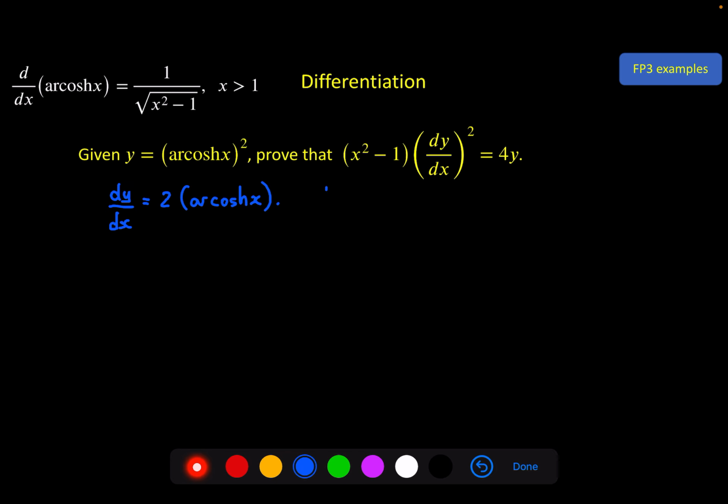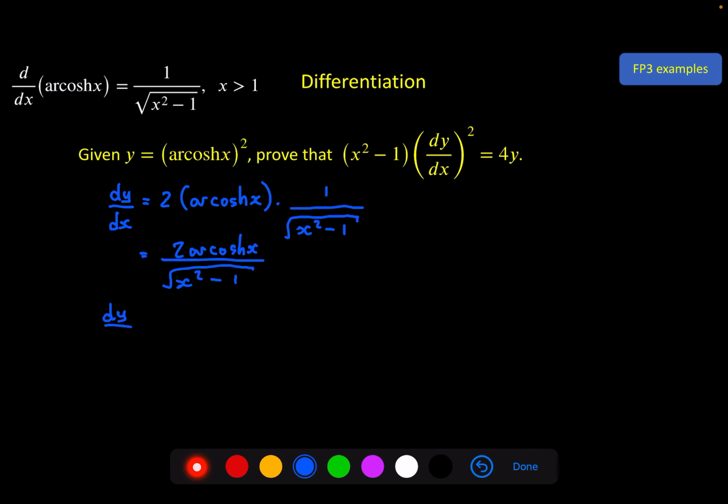I have 1 divided by the square root of x squared minus 1. Now be careful with your notation. Of course, this thing here is not the second derivative, but is the first derivative squared. So I take this and I square it. Maybe I should just tidy that up first. That's 2 r cosh x over the square root of x squared minus 1.